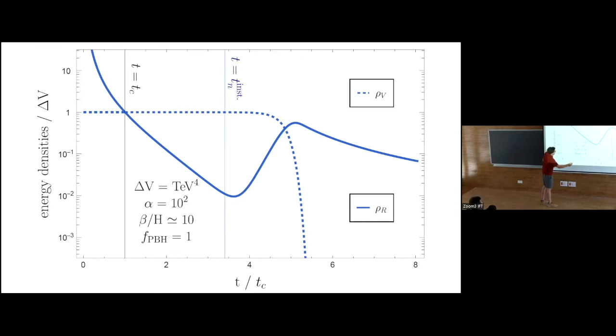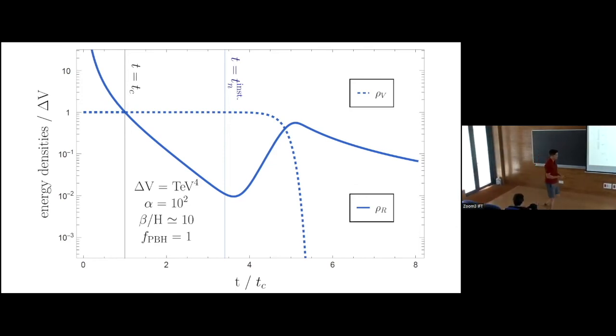Nucleation starts to take place, so bubbles start to fill the whole universe, and percolation takes place here. And you see that during this rise, the vacuum energy is converted into heat, and you heat the universe. So this blue curve is the average over the 10 to the 40 Hubble patches.